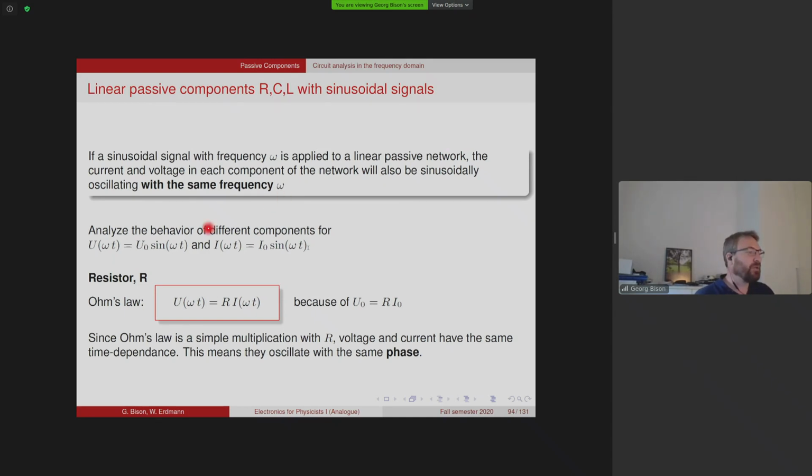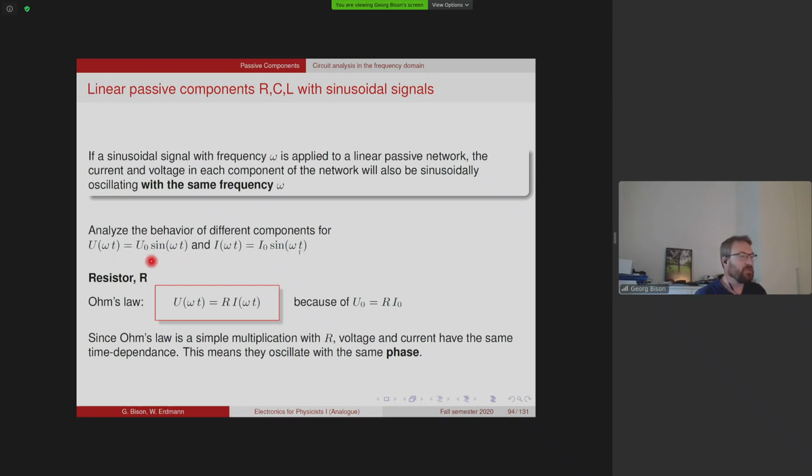And so we can introduce a shorthand for writing that our voltage is some amplitude, u0, times a sine wave at a given frequency. And so we call this simply voltage of omega t, where omega t is the argument of the sine here. And similarly, we can define a shorthand for the current that is oscillating. This is an amplitude I0, and then again the sine wave in a very similar way.